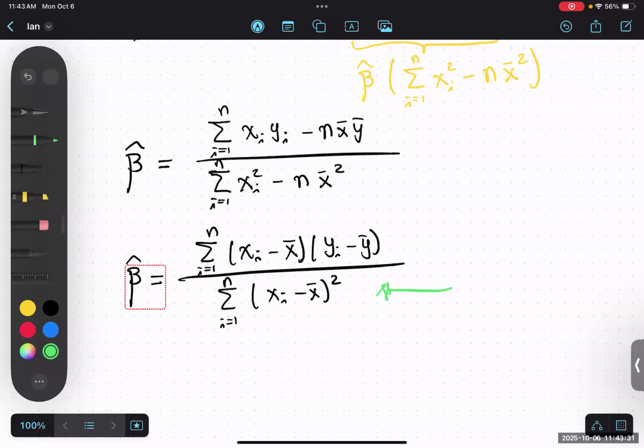Start with the square in this summation. Distribute the sum, and you will find precisely the expression of the denominator in the previous equation. But it's easier to prove it in that way. Okay? So this is the expression that we wanted to find.